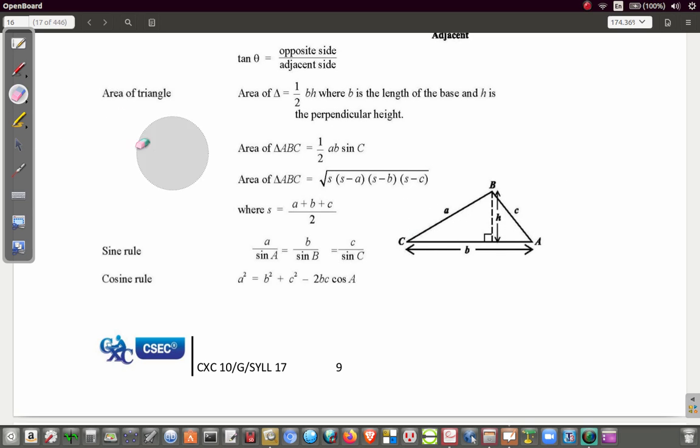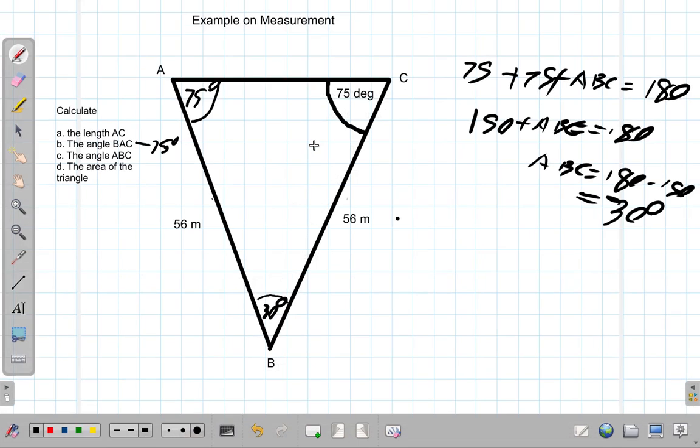Then we have the cosine rule. The cosine rule says a squared equals b squared plus c squared minus 2bc cos of the angle opposite to a. So we have the sine and cosine rule in the CSEC Maths formula sheet. Now let's try to use the sine rule.